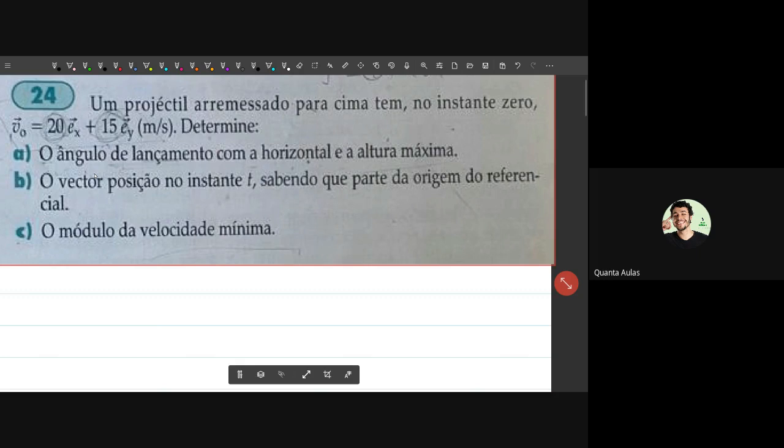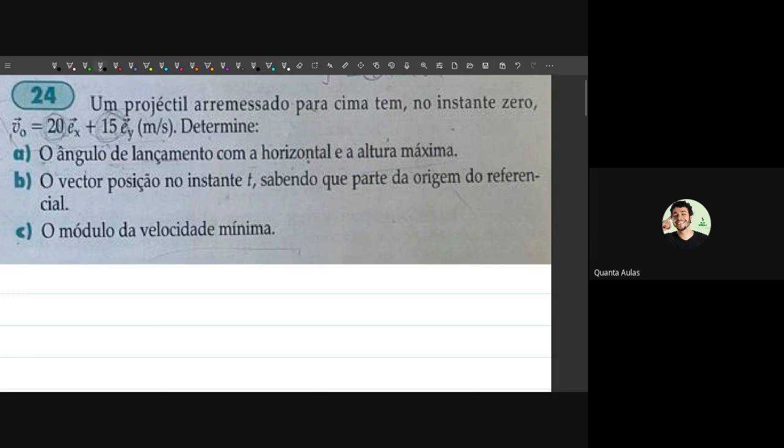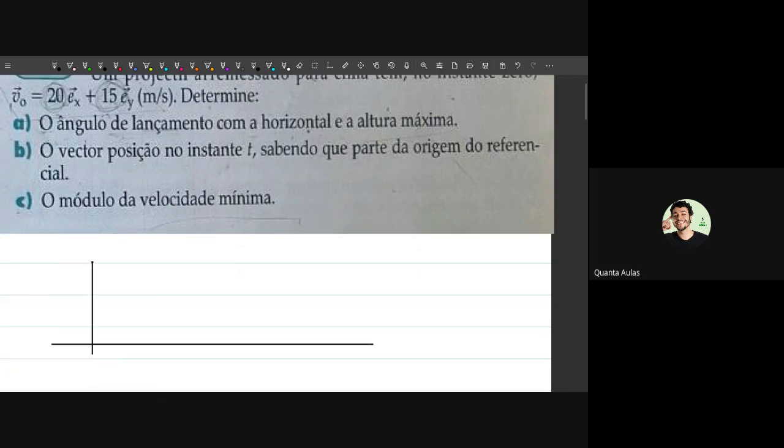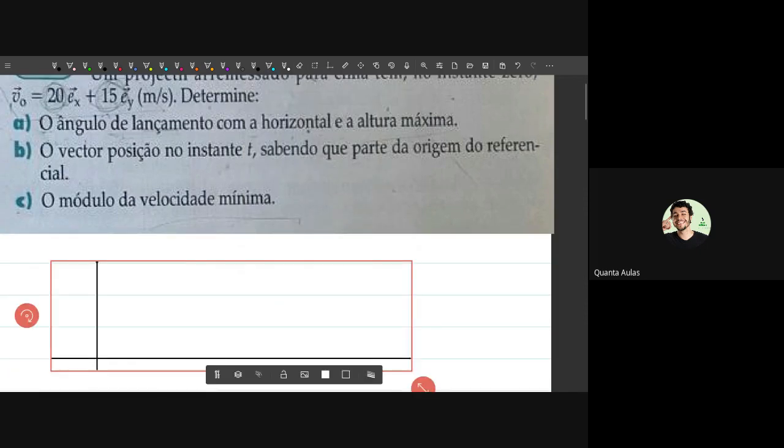So we can use our knowledge of math, of trigonometry, to do this. For example, we can start this problem by drawing a graph first. Drawing is the most important thing in, sorry, in physics.